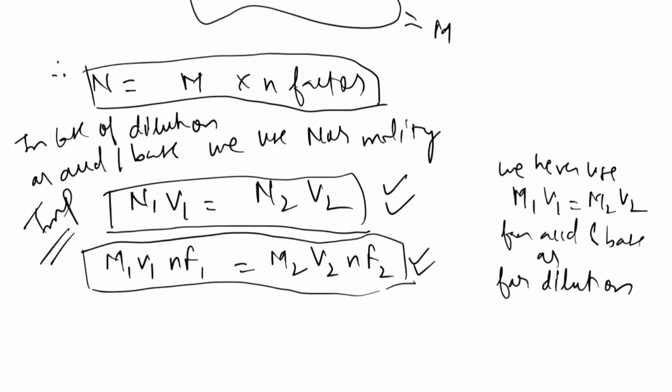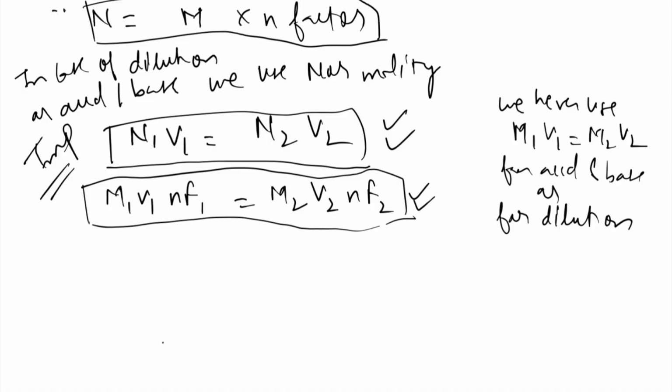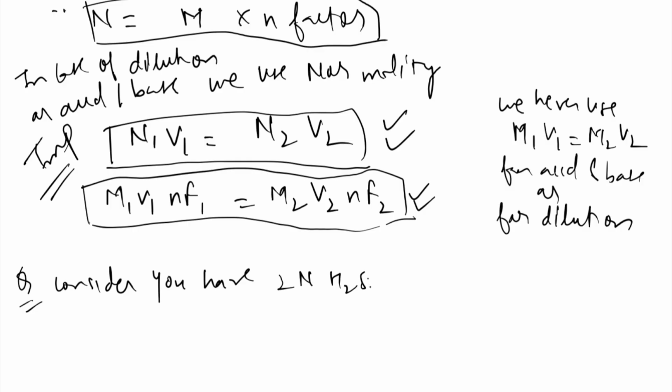Okay, so let's try to understand with one example. Consider you have a two normal H2SO4 solution with a volume of, let's say, 100 ml.